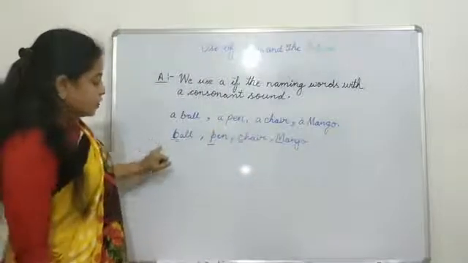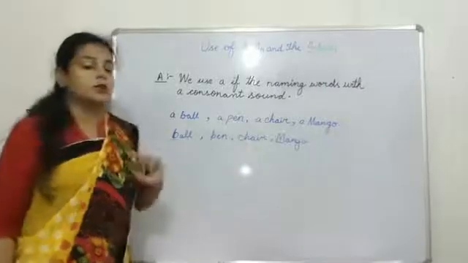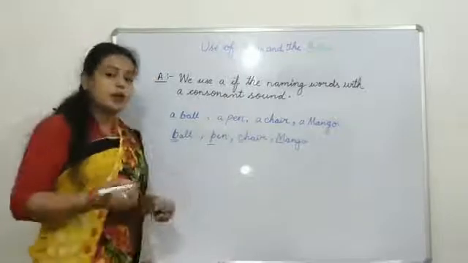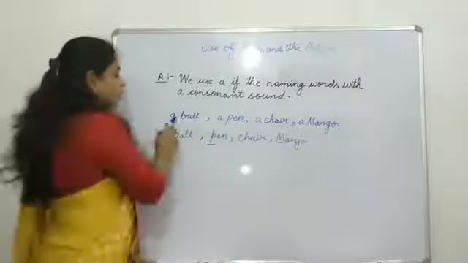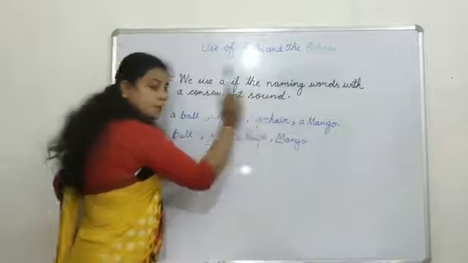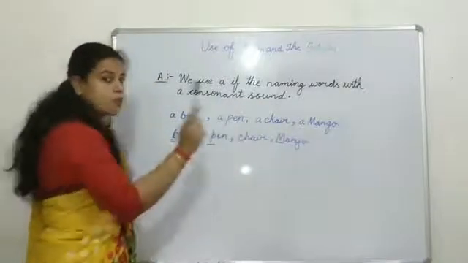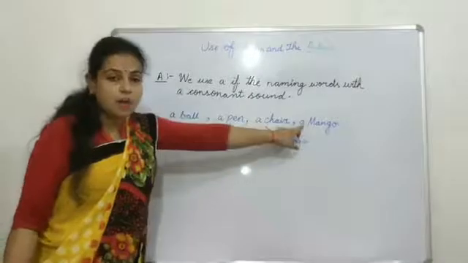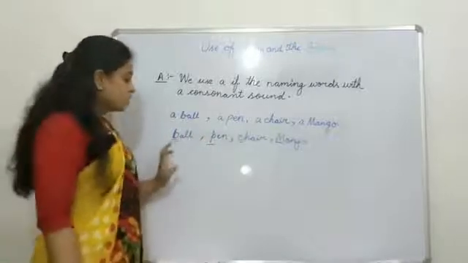All these words are in singular number. For these we use a: a ball, a pen, a chair, a mango. A means one. These are singular number.